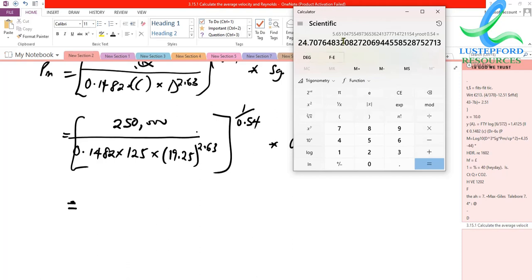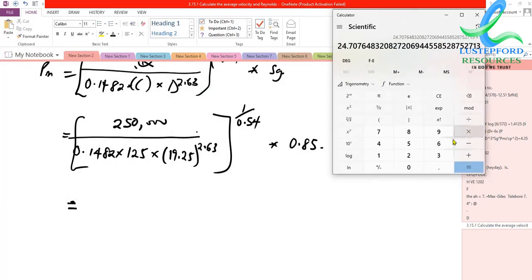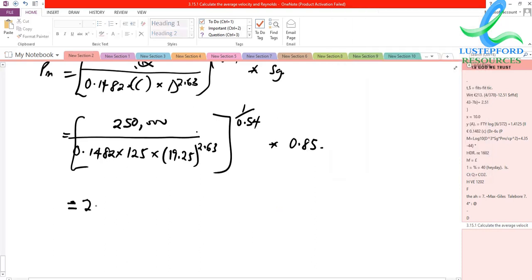This is what we get, times 0.85. So the answer now will be 21.21, that's 21 psi per mile.